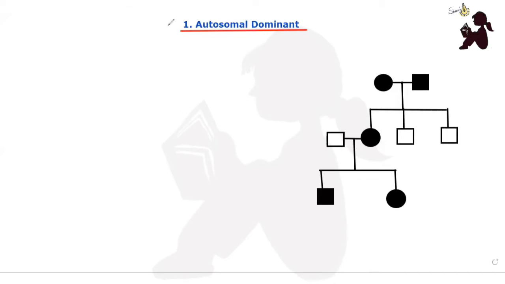The first one is the autosomal dominant condition. To identify the autosomal dominant, the first thing to notice is that there will be no skip of generation. No skip of generation means the disease will be present in every generation.